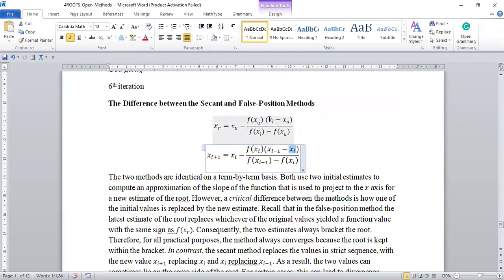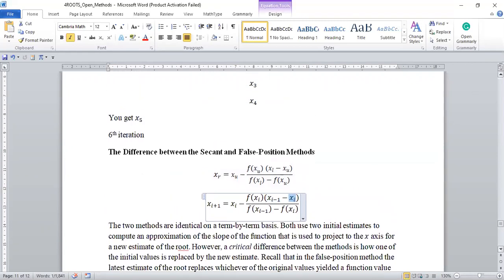Let me say it clearly: for the false position method, you are very sure that the root is located between the lower limit and the upper limit. But for the second method, you are not certain that the root is actually between these two values.